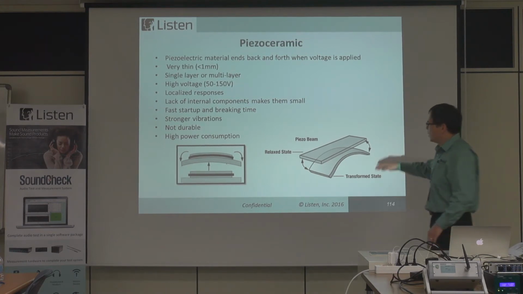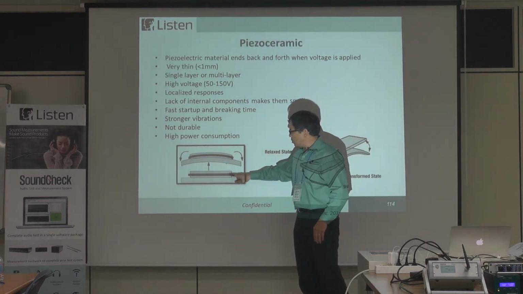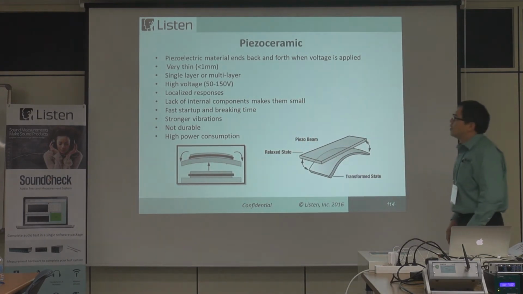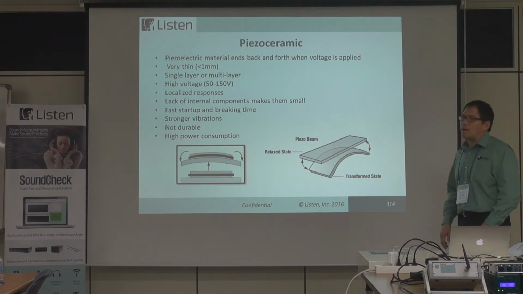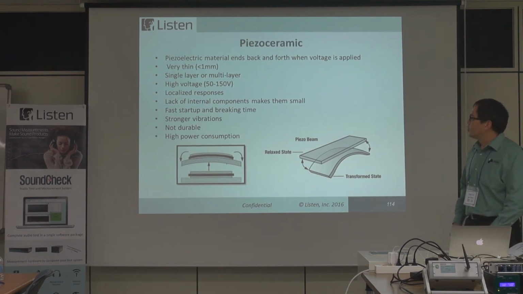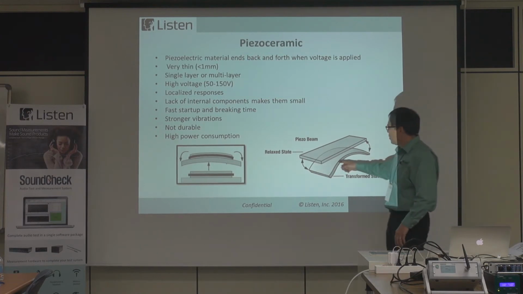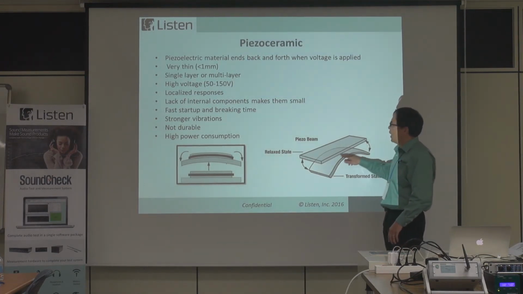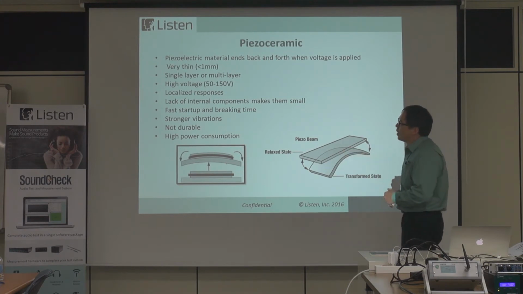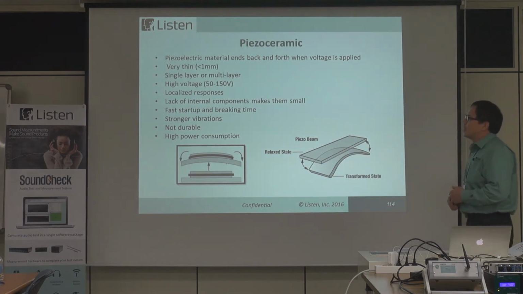And it could be multi-layer, like here, there's like 4 layers in there. It needs high voltage, 50 to 150 volts. You could localize the response, meaning you can have it bend at a certain location on that material. It doesn't have to be the entire surface. It has a very fast response, start and break time, and has very strong vibration.